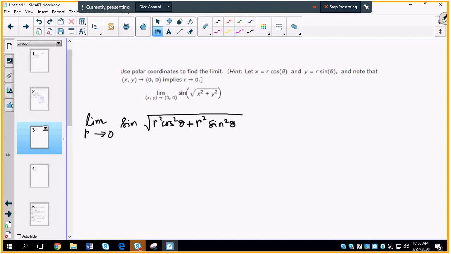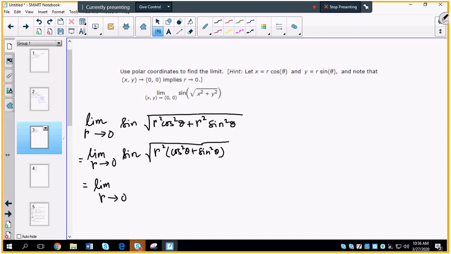Well, as previously we have seen, this is just going to be r. So I will get sine of the square root of r squared times (cosine square theta plus sine square theta). And cosine square theta plus sine square theta being equal to 1, I get to say that this is the limit as r approaches 0 of sine of the square root of r squared, which is r.